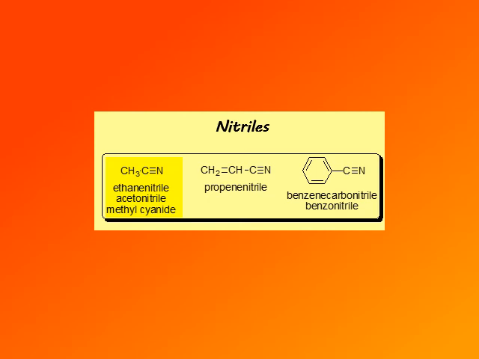So we name the longest chain, including the carbon of the nitrile group, as the hydrocarbon, usually alkane, and we don't drop the final E of the alkane name because the suffix is nitrile, and since it doesn't start with a vowel, we don't have the problem of two vowels next to each other. We simply use the name of the corresponding hydrocarbon and then add the suffix nitrile. So very simple nomenclature.